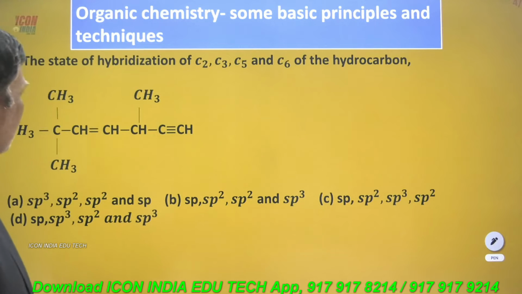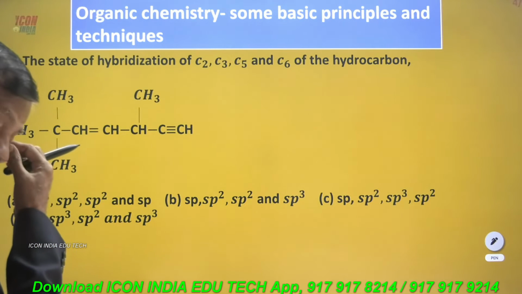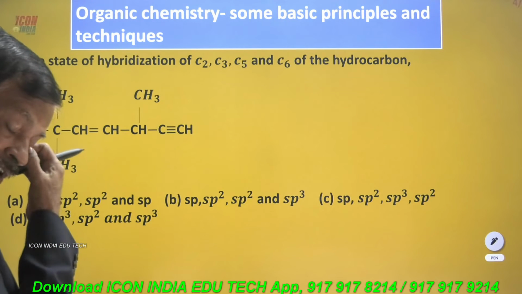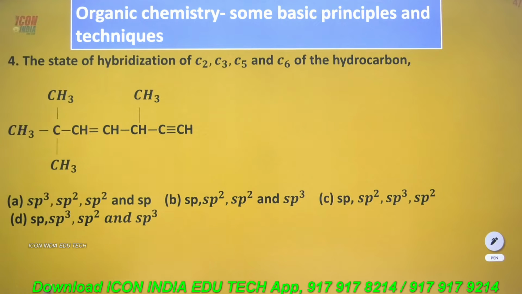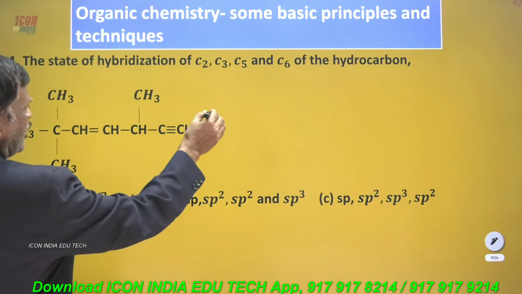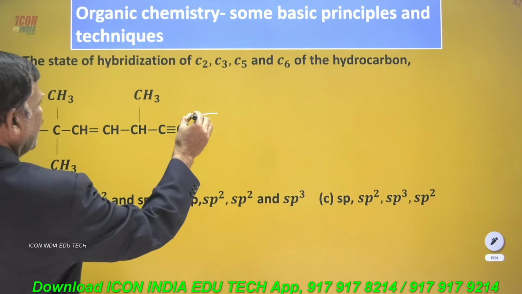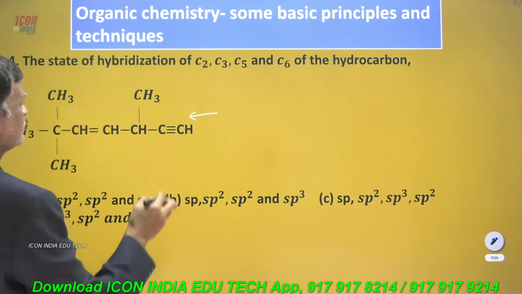Next, the state of hybridization of C2, C3, C5 and C6 of the following hydrocarbon. What are the hybrid states of those carbons, mentioned carbons? See here, from left to right, you have to start numbering because you need to identify what is second carbon.